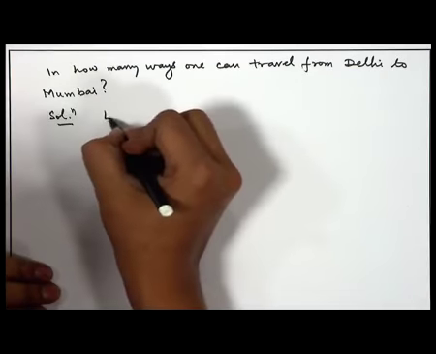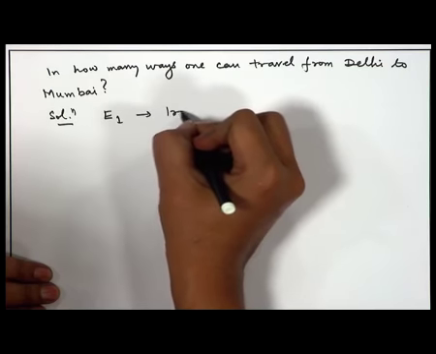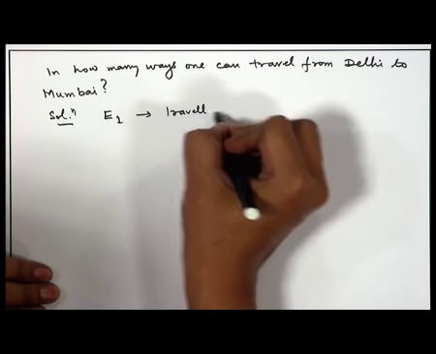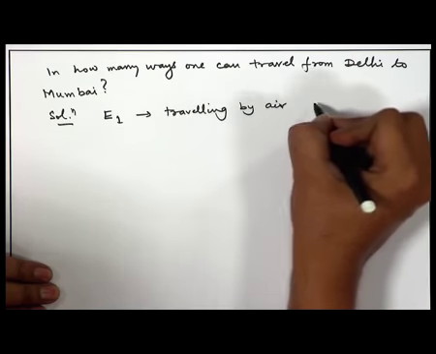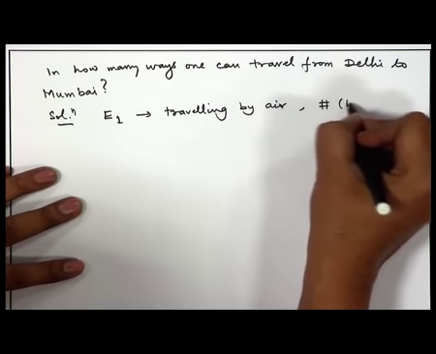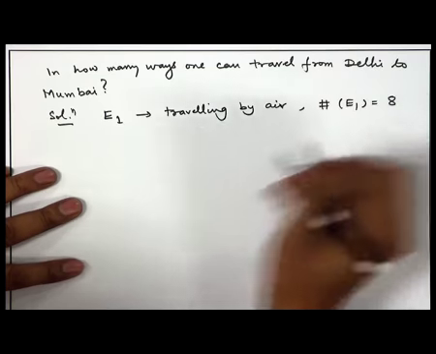So, if we formally define, E 1 is travelling by air, then the cardinality of E 1 is 8.